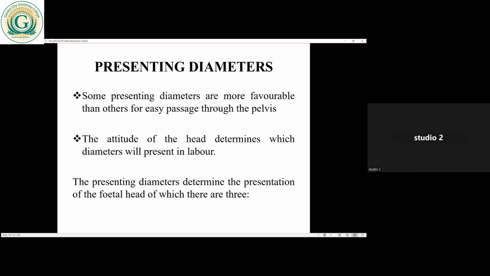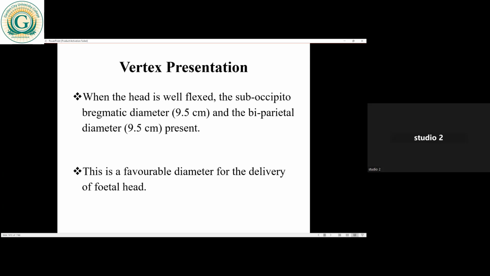One, vertex. When the baby is presenting through the vertex, the diameters are as follows, please take note: suboccipitobregmatic diameter and biparietal diameter. That is vertex presentation. This is a favorable diameter for delivery of the fetal head.